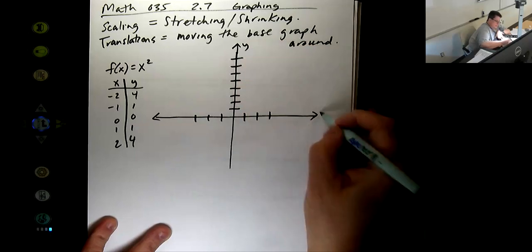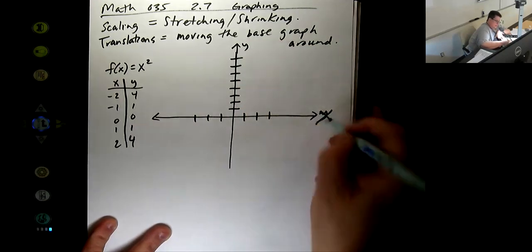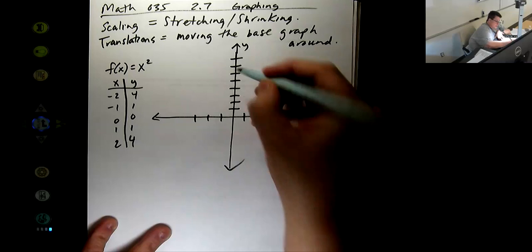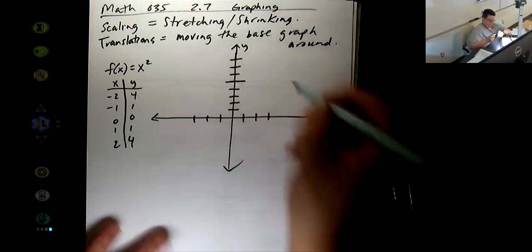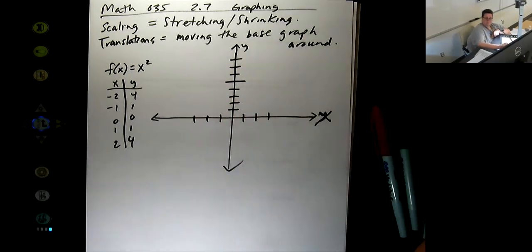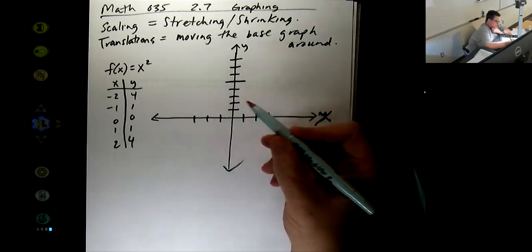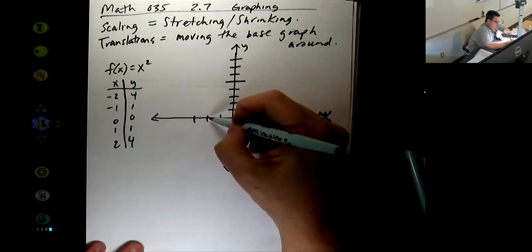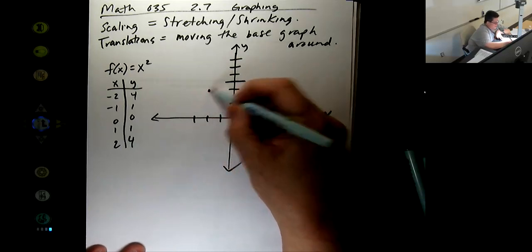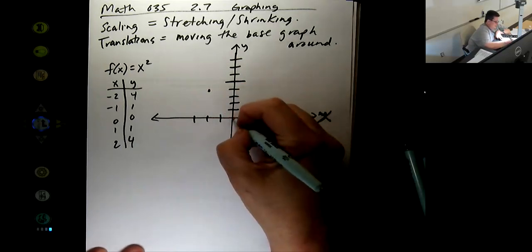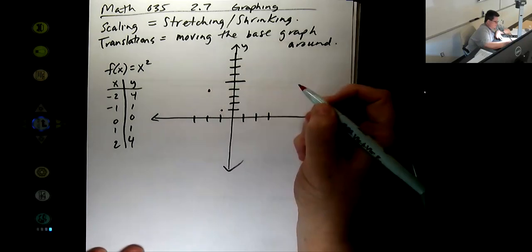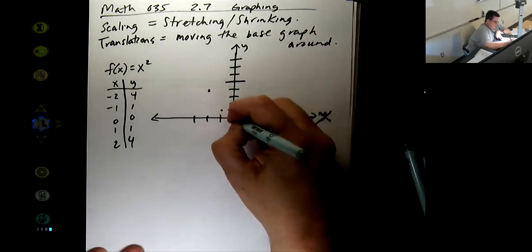Got my y-axis, my x-axis. Let's see, 1, 2, 3, 4, 5. When we were plotting on the x and y coordinates, they give us where we're at. So -2 is left 2, up 4. -1, 1 is left 1, up 1. 0, 0 is at the origin.